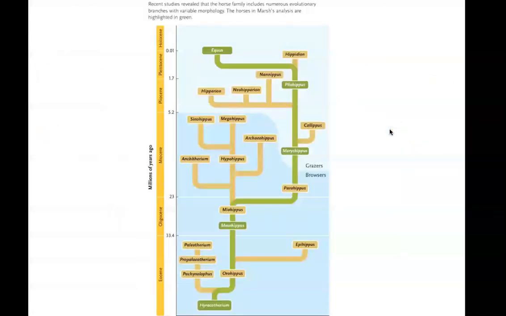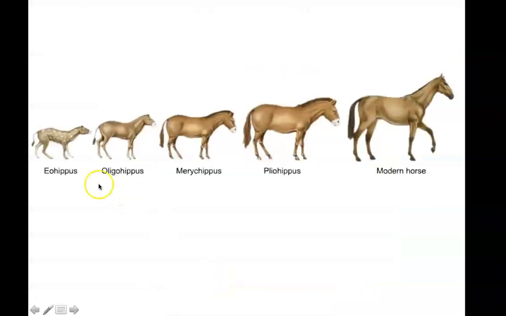But if we go to this chart, this is showing the family tree of horses. So up here is modern horses and their relatives. So the genus is Equus. So this would include donkeys and zebras and horses. And if you trace their evolutionary history, this green line shows kind of the main trunk of the tree, and that parallels pretty nicely with this representation.